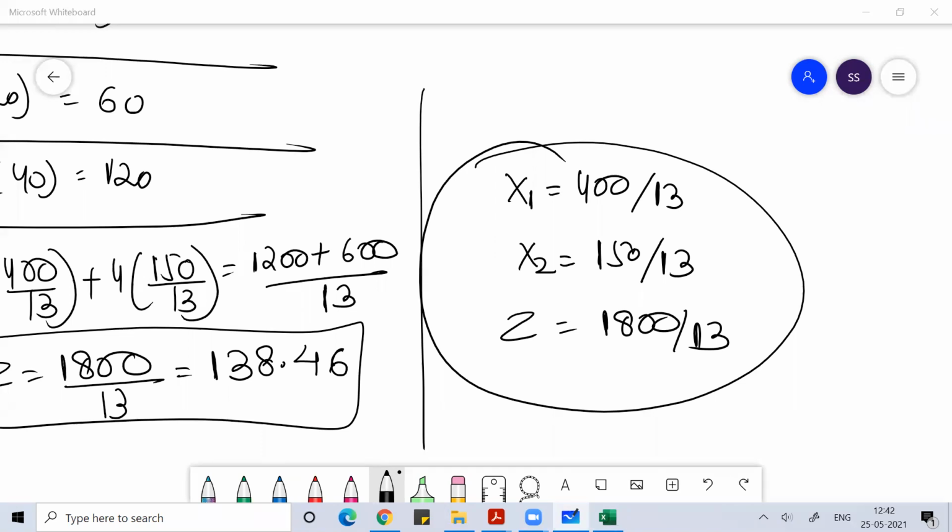Ashwini, Ayaz, Rakshit, any doubt? Anyone, any doubt?